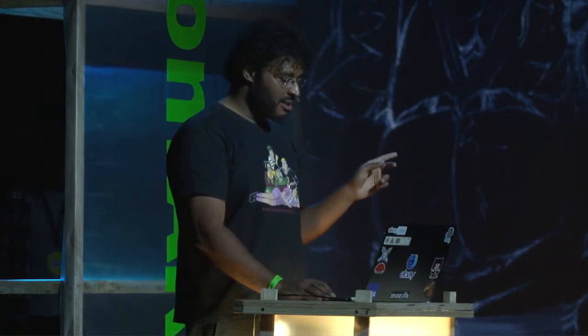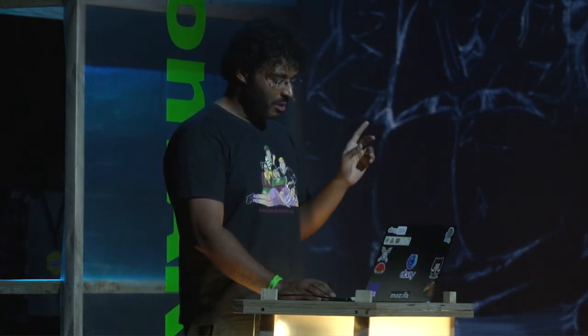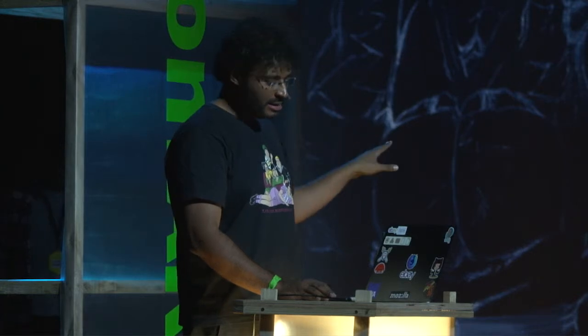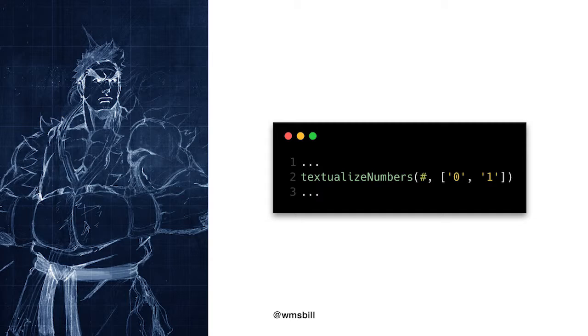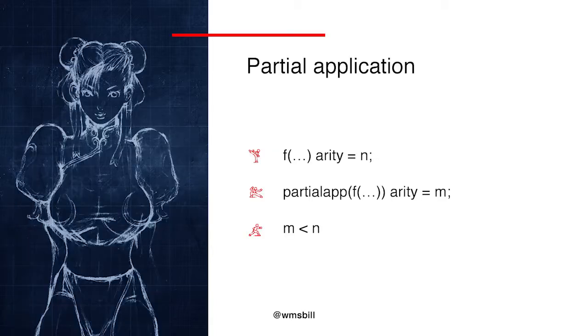When we were discussing the pipeline operator, we saw this example with a pipeline step that has a wildcard there, and once the computed value of the previous step is done, it just replaces it there. We can call this partial application, but what is a partial application?